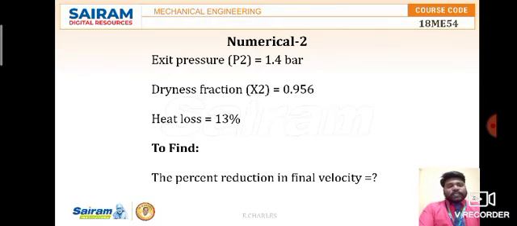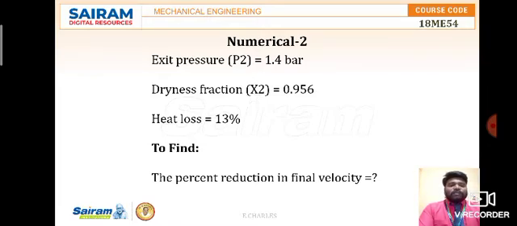Here x2 is taken because x1 is already 1, that is 100 percent. The dryness fraction for the initial pressure is 1, so x1 is equal to 1. It is not given, but it is understood. Here x2 is given, so x2 is equal to 0.956. Also it is mentioned in the problem that there is a heat loss of 13 percent.